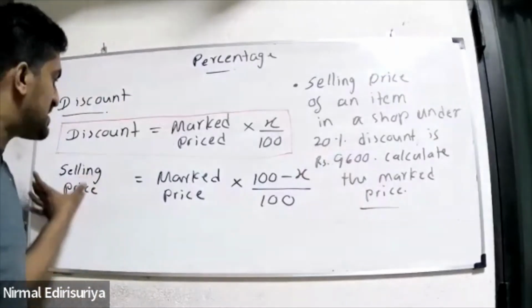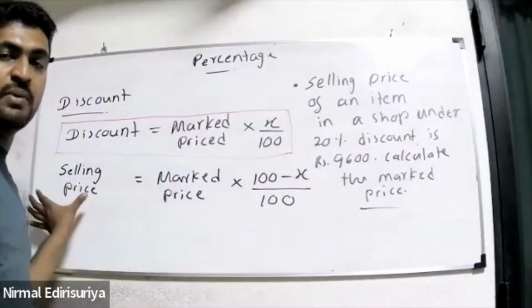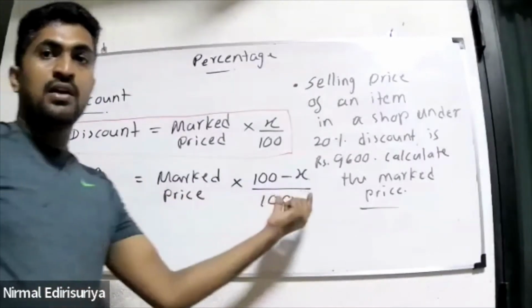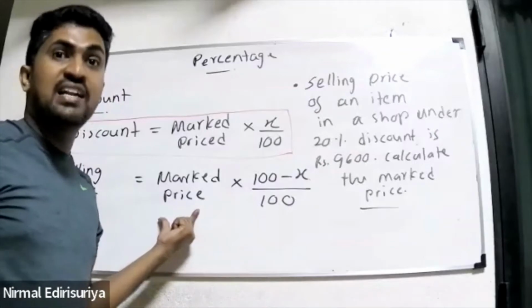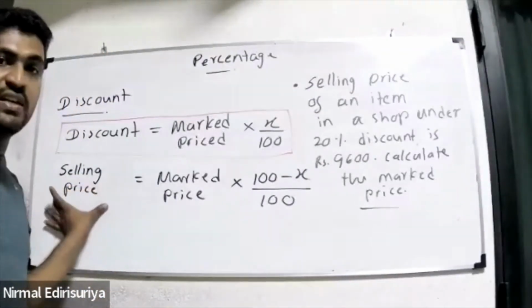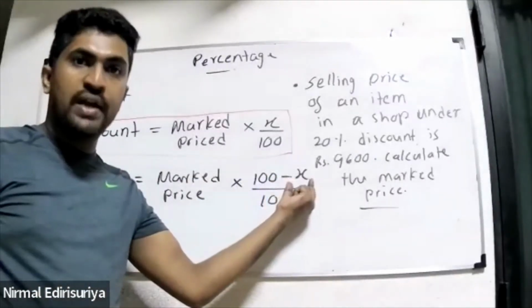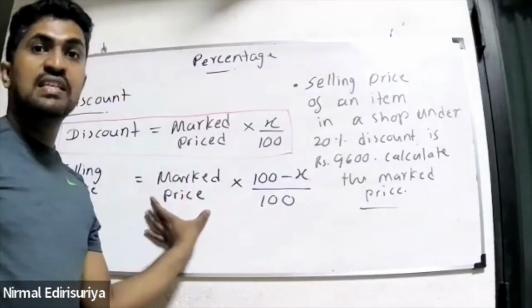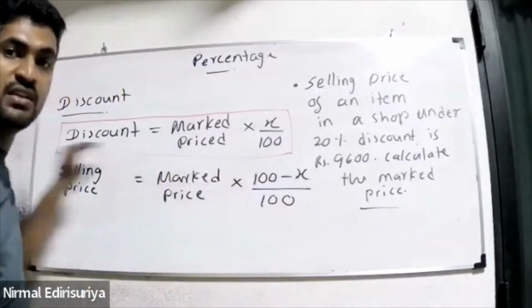The combination given is selling price, discount percentage 20, and asking for mark price. This means the second equation.